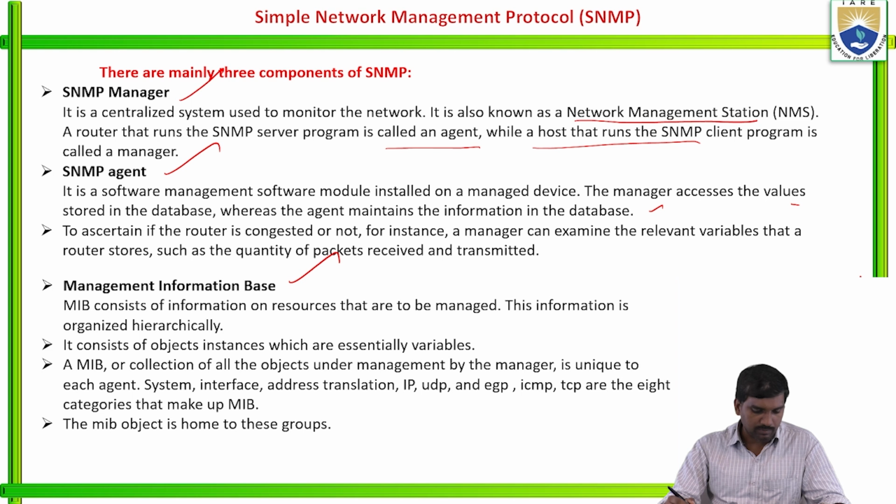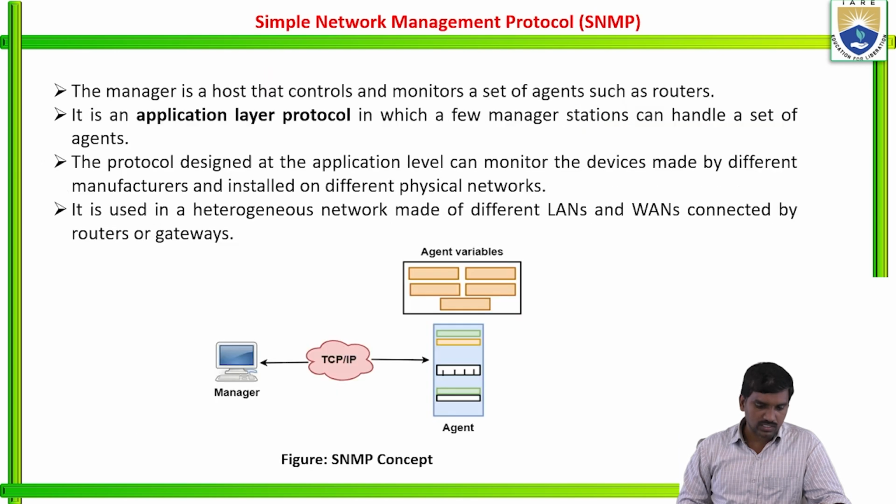The MIB, management information base, consists of information on resources that are to be managed. This information is organized hierarchically. So the MIB objects hold these groups. So these are the main components, and the concept. What is the concept involved? It is an application layer protocol in which a few manager stations can handle a set of agents.